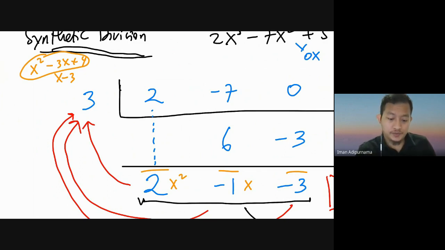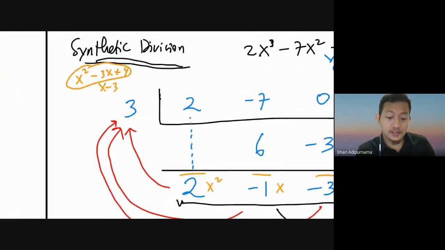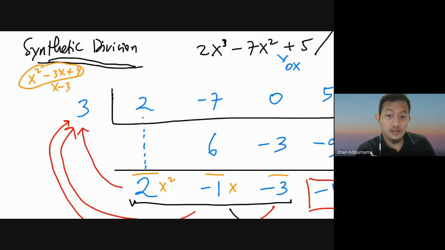You need to have at least a polynomial of degree 1 only for the divisor, or this part here. So it should be x minus 3, x plus 2, x plus 1. Then you can divide with synthetic division. But if you have a case like this, a polynomial of degree 2, then you need to use long division.